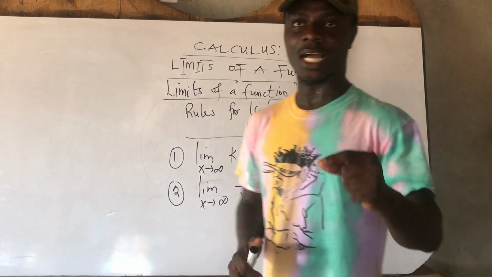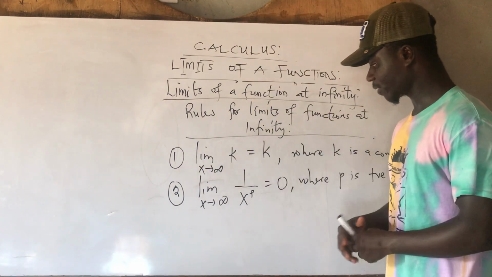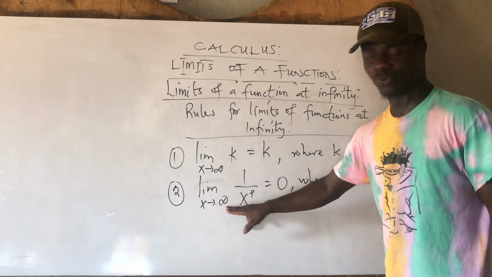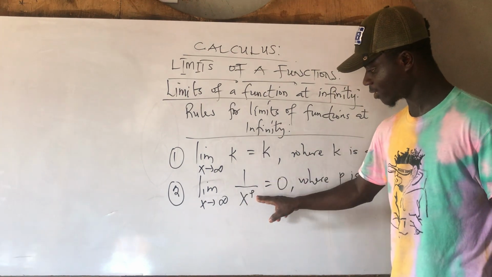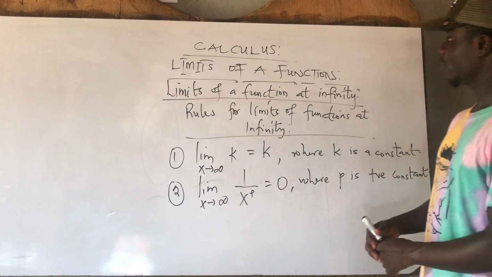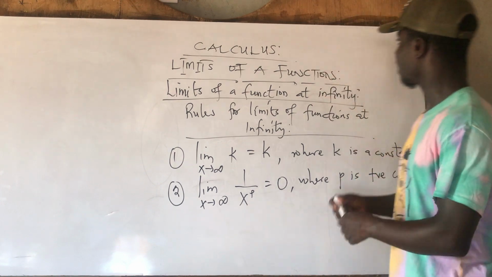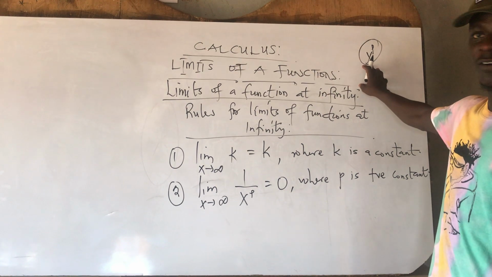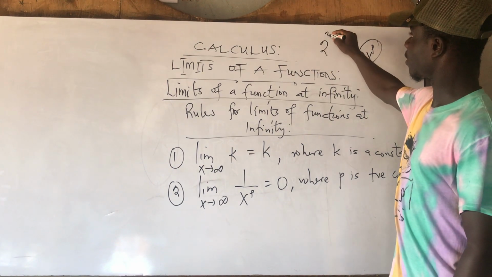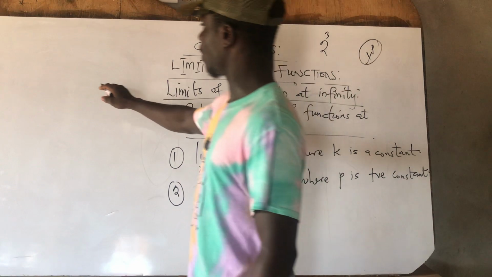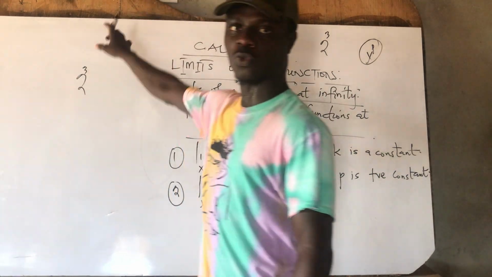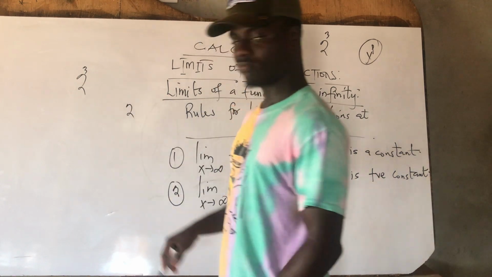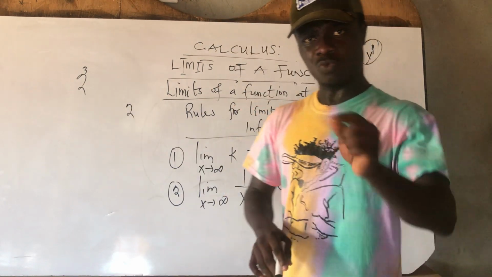You understand this? I'll use a calculator to teach you this. If you have the limit as x approaches infinity of 1 over x to the power p, the denominator here, x to the power p, is an exponential function, right? Take 2 to the power 3, and then we have 2. Which one will move faster?